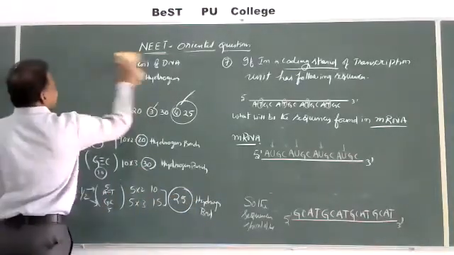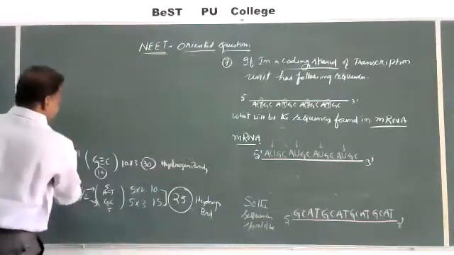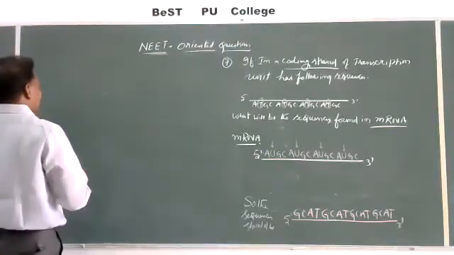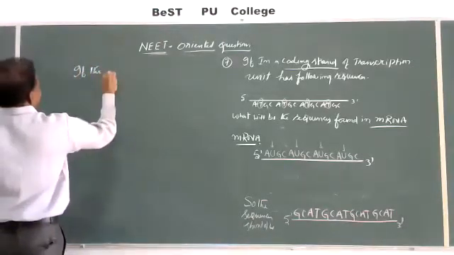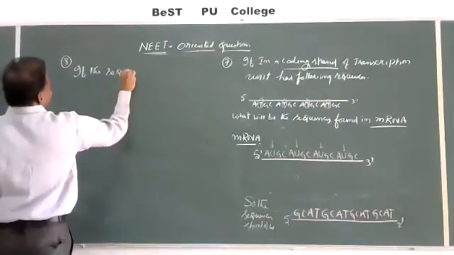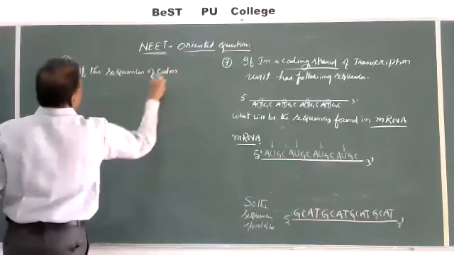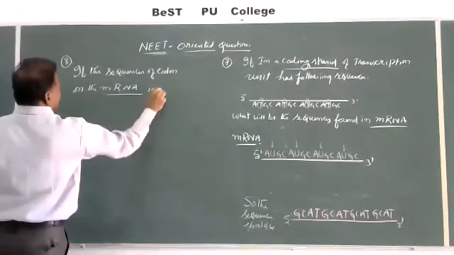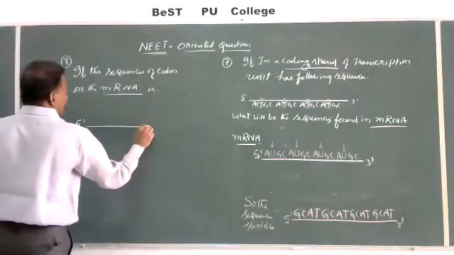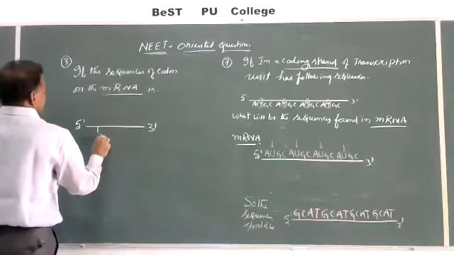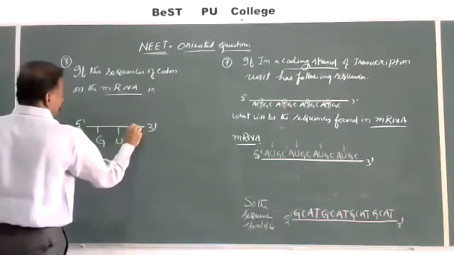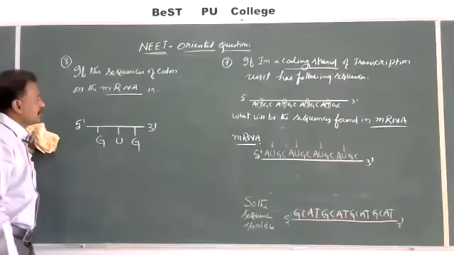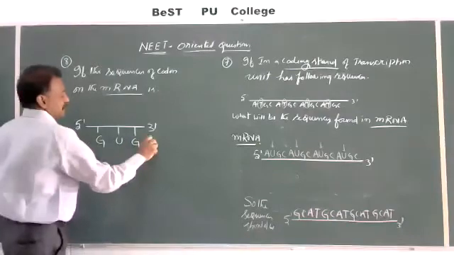Now, if the sequence of codon on the mRNA is 5 prime to 3 prime, G, U, G. If the sequence of codon on the mRNA is this, so this is mRNA.